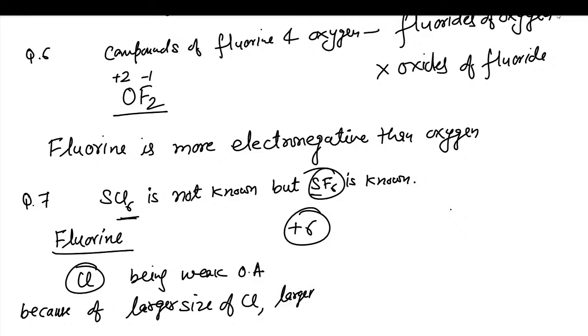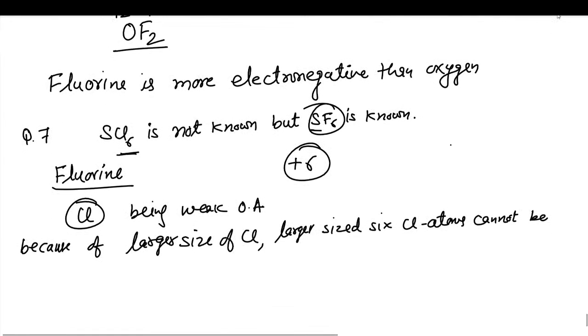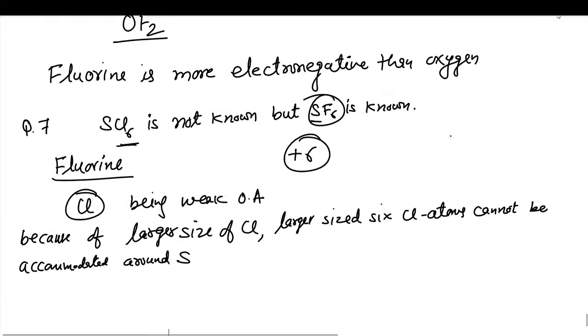Six large-sized Cl atoms cannot be accommodated around sulfur, okay, due to steric hindrance. So this is the proper reason.